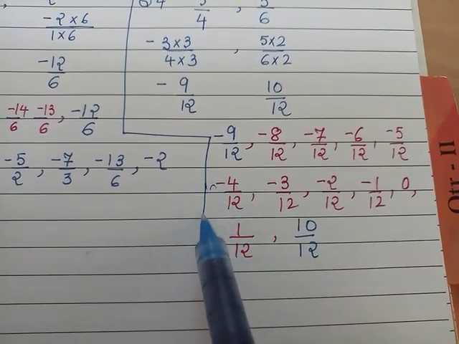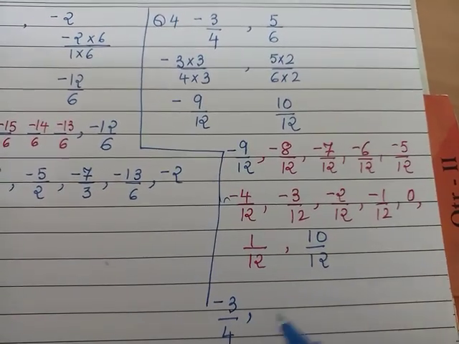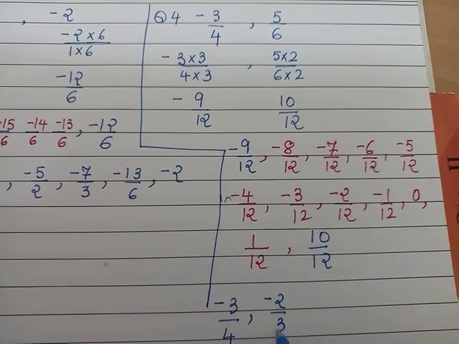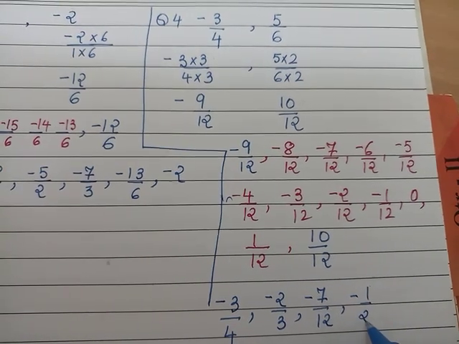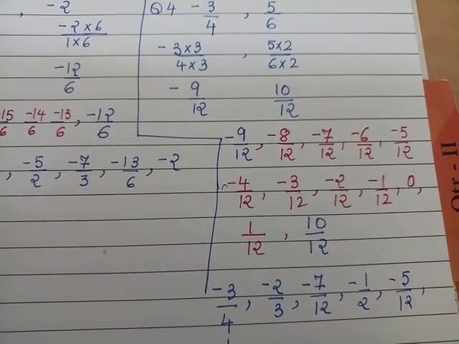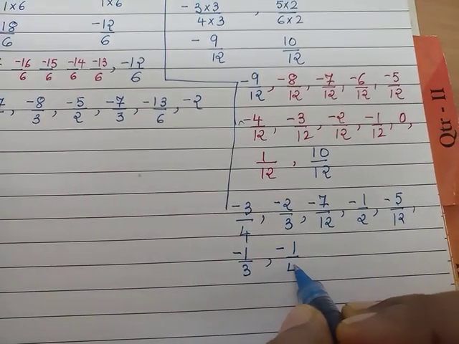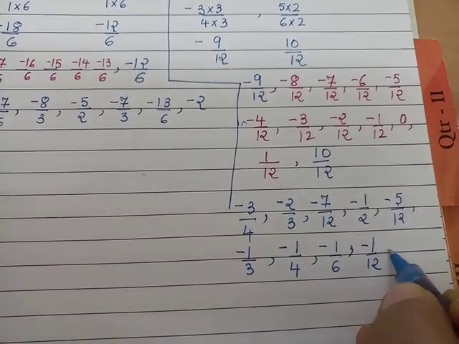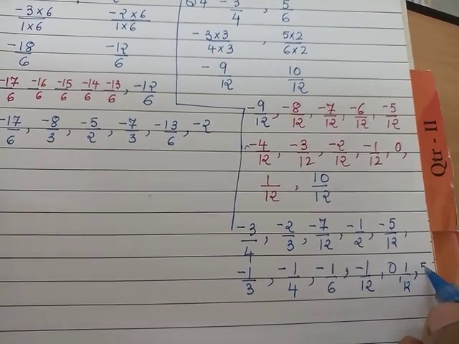Now we write the answer in the simplest form as I told you. So it will become -3 by 4, -8 by 12 will become -2 by 3, both getting cancelled by 4. -7 by 12 we write as it is, -6 by 12 will give you -1 by 2, -5 by 12 as it is, then we have -4 by 12, which we write as -1 by 3, -3 by 12 will become -1 by 4, -1 by 6, -1 by 12, 0, 1 by 12, and the last given one is 5 by 6.